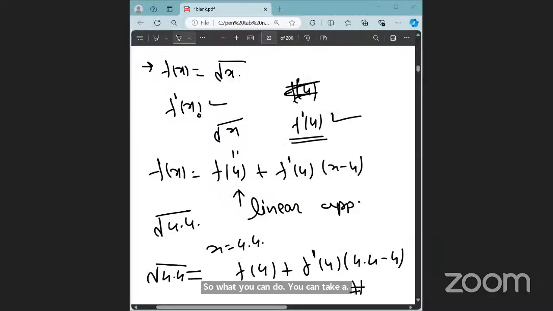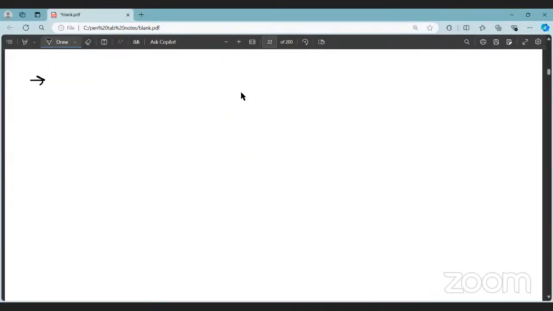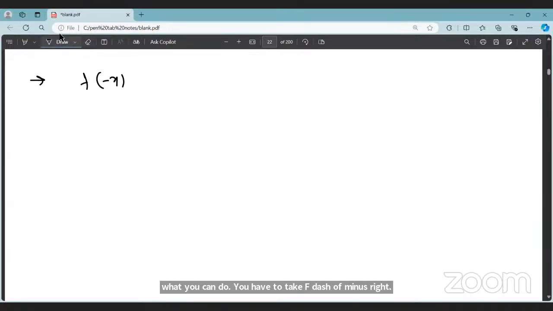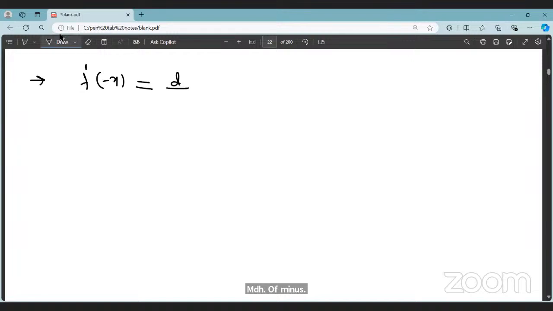Ma'am, you got disconnected, maybe. So what you can do, you have to take f dash of minus x, right? So what is f dash of minus x? f dash of minus x is the same as d by dx of f of minus x.